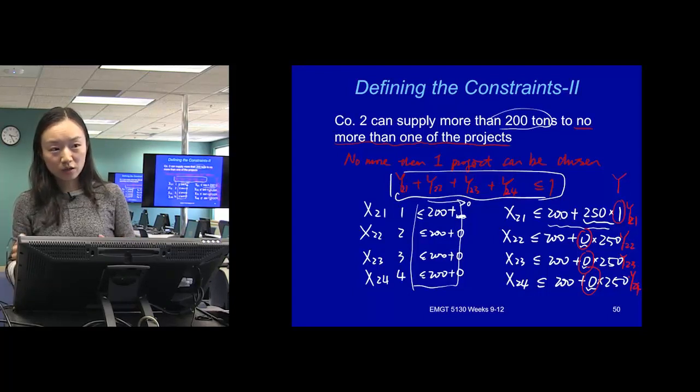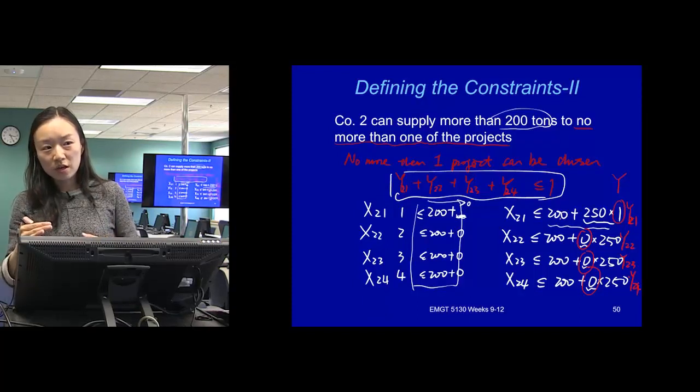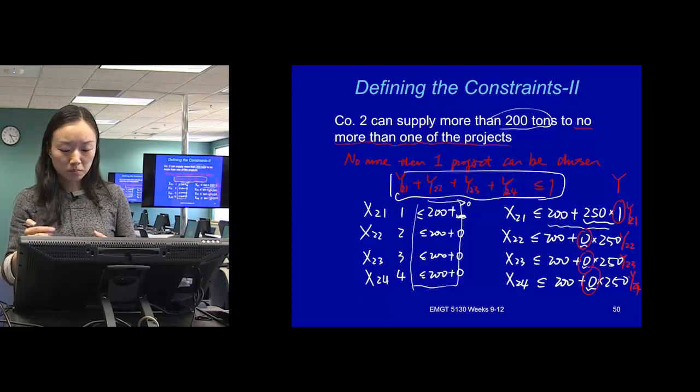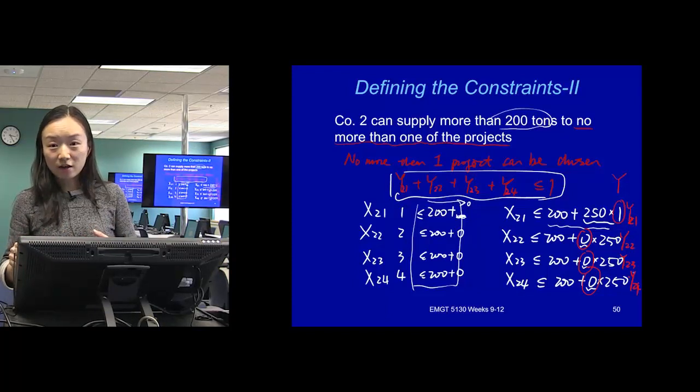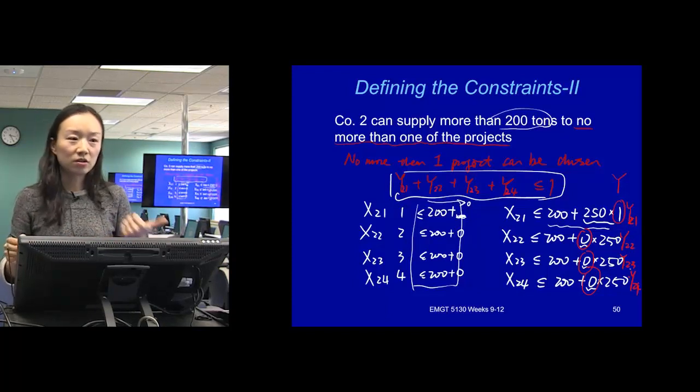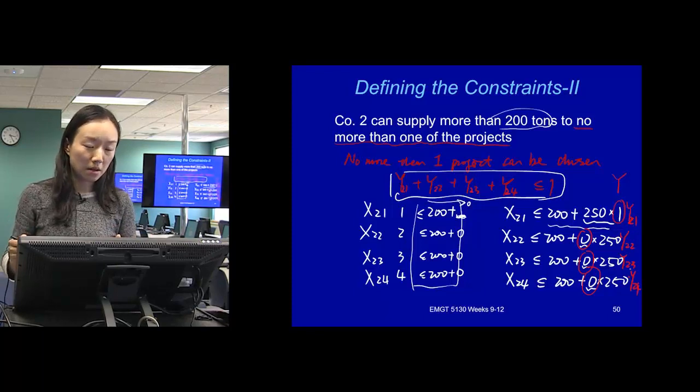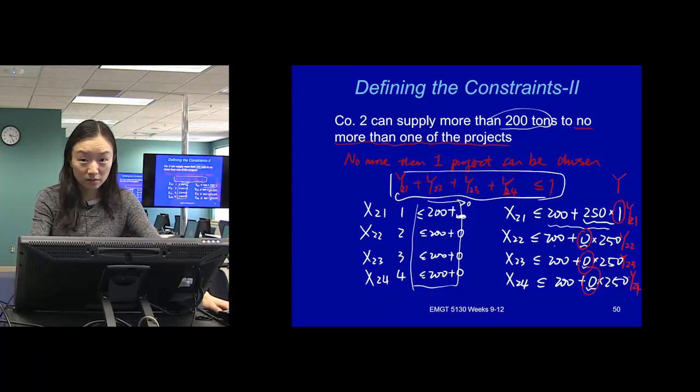You write one constraint that's common enough to cover all the situations, but you differentiate between them using a y value being 0 or 1. So either this happens or that happens. Okay, so that's for this problem.